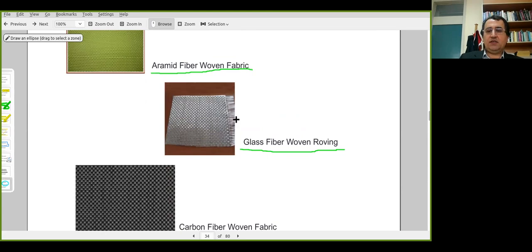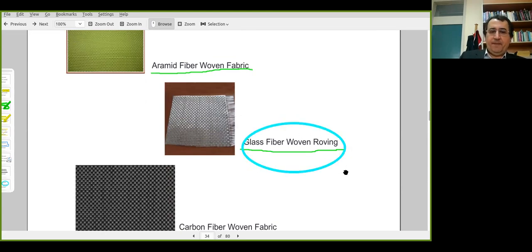It could be glass fabric type reinforcement. And then this has to be mixed with resin, liquid resin. It could be a thermoset type liquid resin. Certain layup techniques can then be applied to produce the whole composite structure.